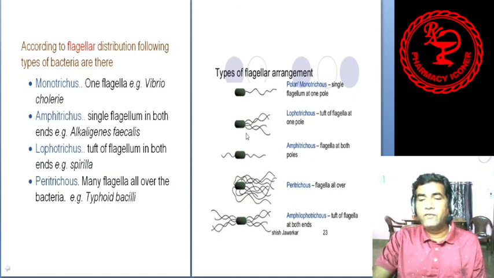Lophotrichous has a tuft or beard-like flagella at one pole. Peritrichous means the flagella are present all over the bacteria, coming out from everywhere. Amphilophotrichous means a tuft of flagella is present at both ends.